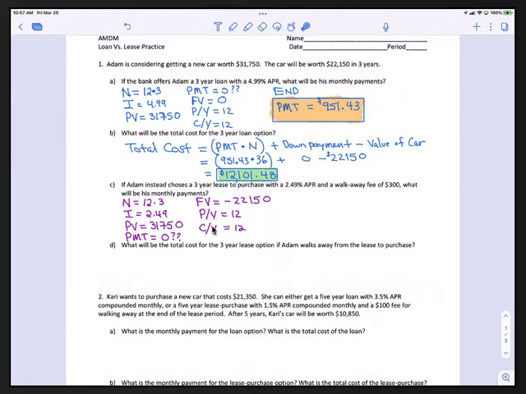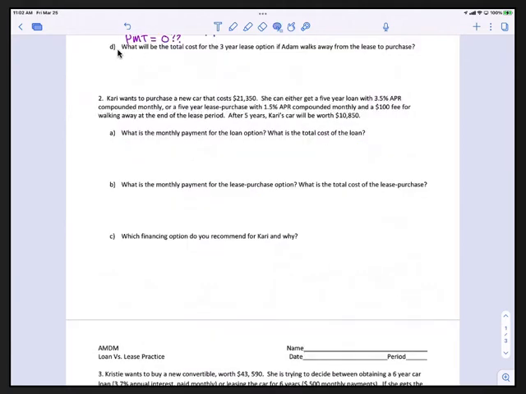And both P/Y and C/Y are 12 because it is monthly. You want to keep your calculator on end, and when you put that in the calculator, you get $322.99.